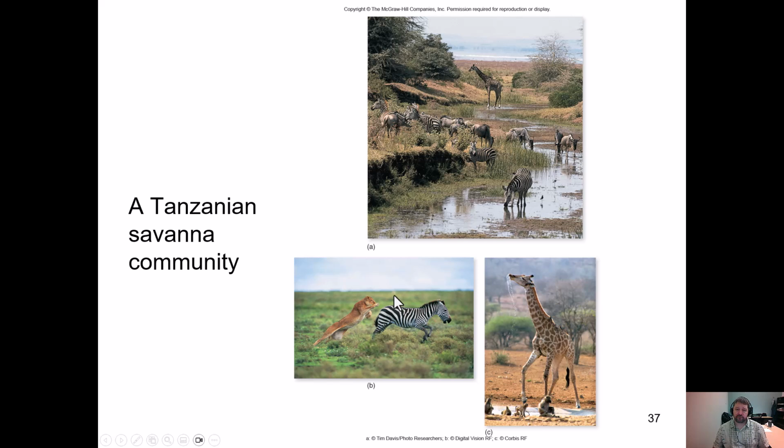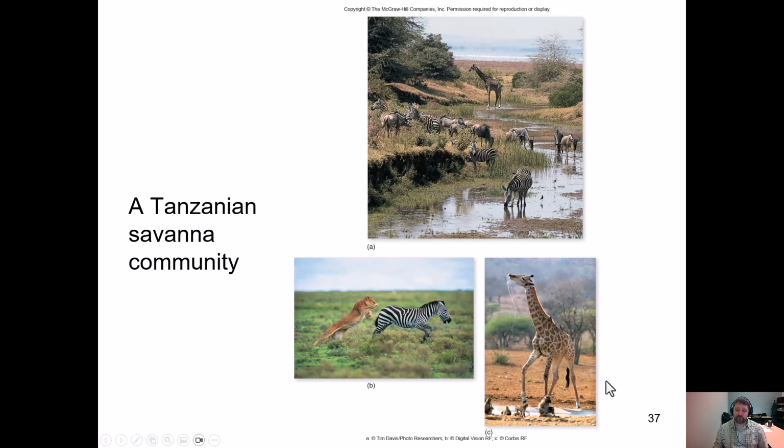But just in general, a lot of that energy is lost as heat or through the behavior of the organism. So the organism walking around, moving around, it's burning energy. That energy is not destroyed, but it is lost to the environment. That energy is not used to fuel this organism. That energy is already gone.